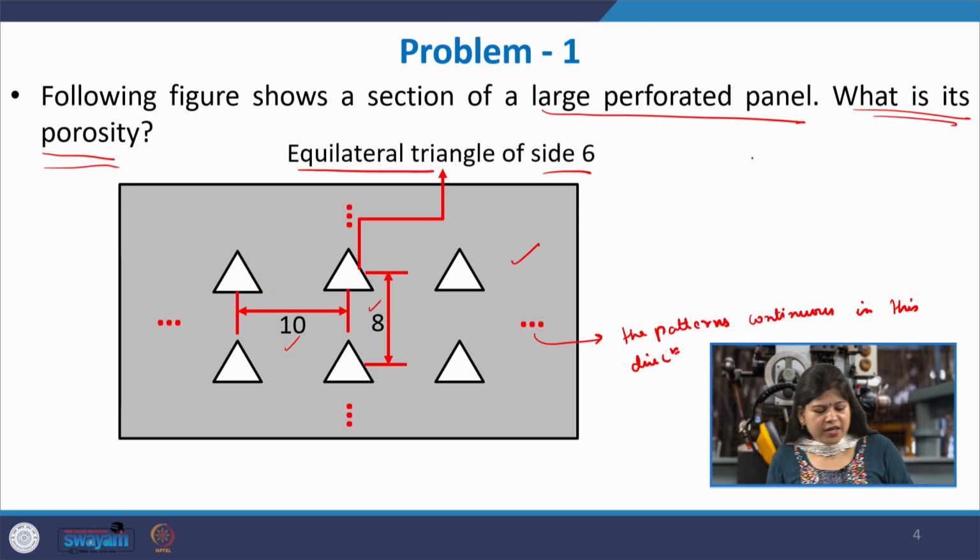Over here, let us take one repeating unit. I would represent it by the green dashed lines. So, this could be your one repeating unit.